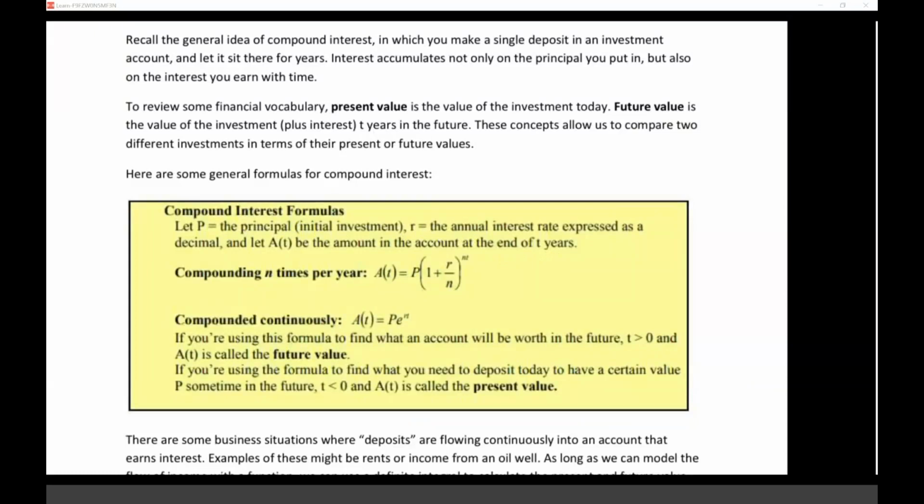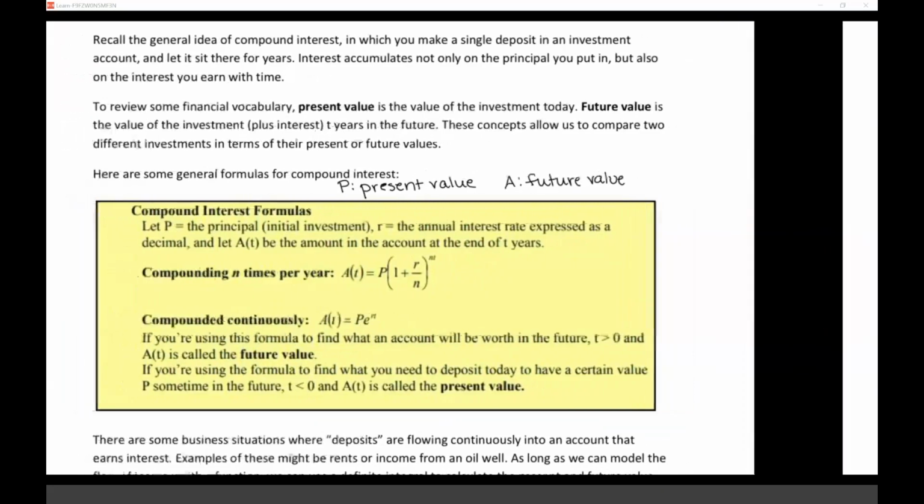And A of T is the amount in the account at the end of T years, or your future value. So think of P as present value and A as future value, in other words, present value plus any accumulated interest.